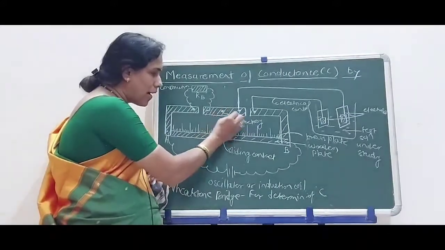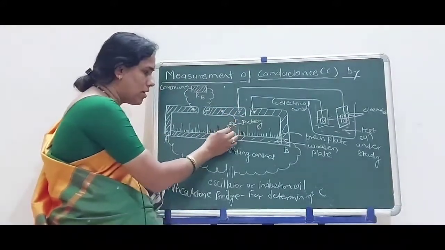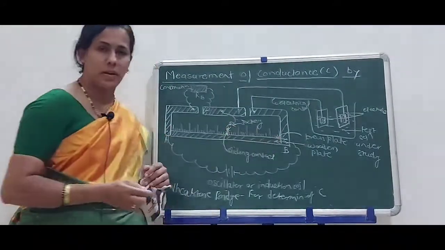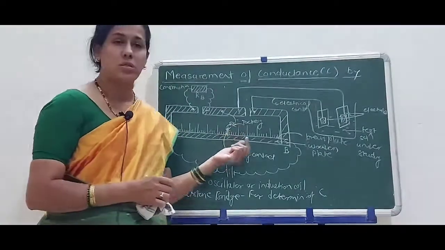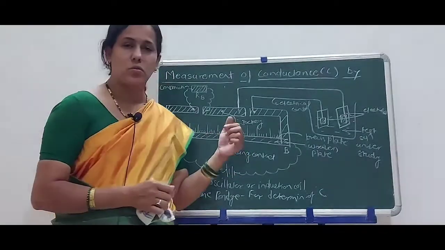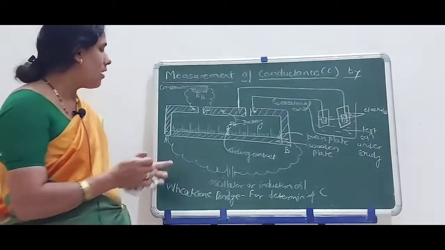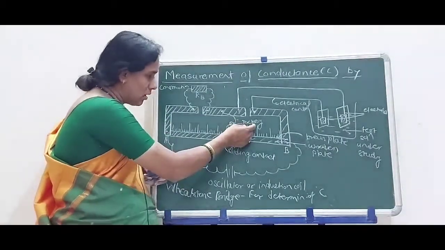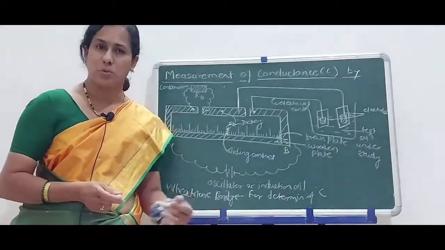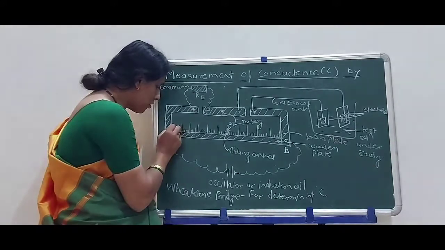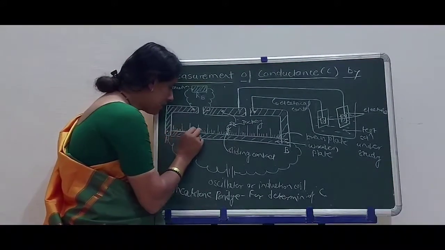We attach a jockey, a sliding contact, on the brass plate to get the buzzing sound, and the galvanometer shows the null deflection. Once the circuit is complete, we place this jockey on the wooden plate or brass plate like this.